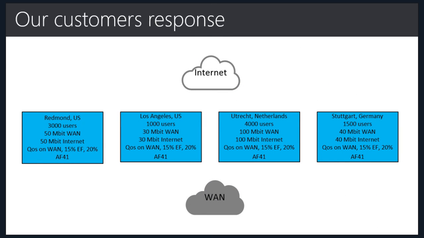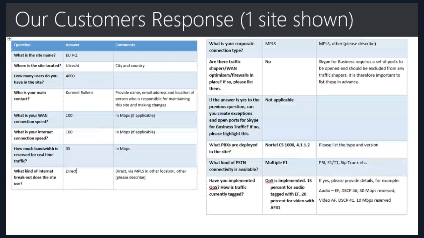So our customer has responded to the questionnaire. They're obviously not the best drawers in the world, but they've shown us the amount of users, the WAN, the Ethernet, the QoS, all those settings they've given us, and the connection method to the different platforms. So we only have one site shown right now.